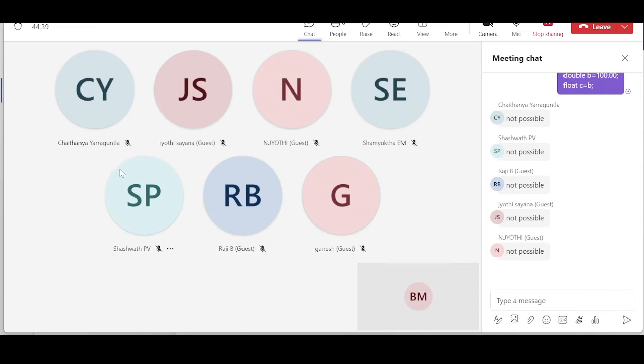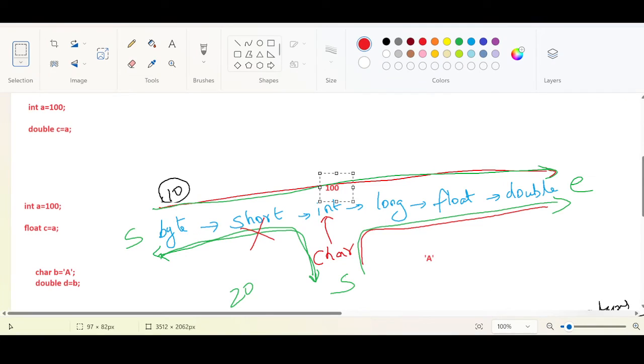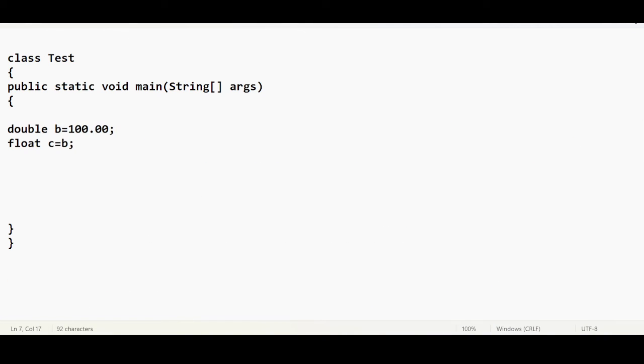Okay, one more example. This is also a typical interview question, but the question is not as straightforward as that. I am going to give: character, we take integer only, integer a equal to, byte b equal to 100, boolean c equal to 2.